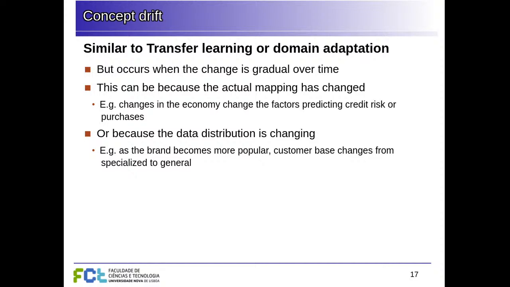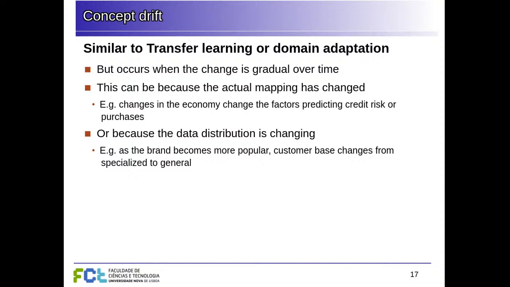But then your shop becomes very popular, you open several stores, and now you are catering to a much different customer base, and so you may need to adapt your models to this change in the distribution of the data, because now the examples that you are classifying when you try to predict which are the most valuable customers, which customers you should target with advertising or things like that, those things may start changing because the distribution of the customers is changing.